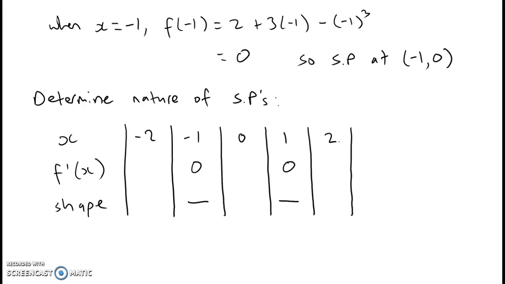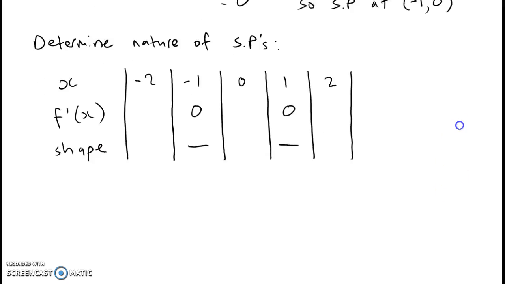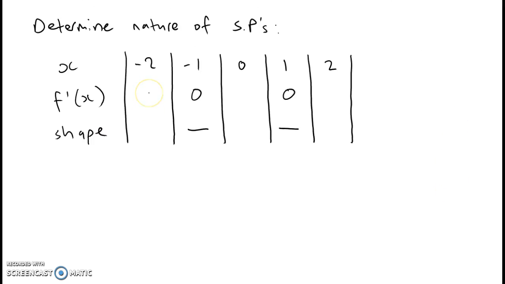Alrighty, if we solve the derivative at x equals -2, f dash -2 will be equal to 3 minus 3 times -2 squared.